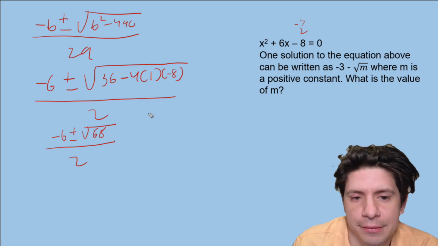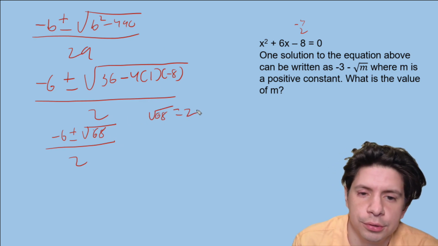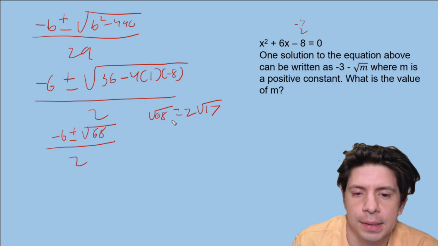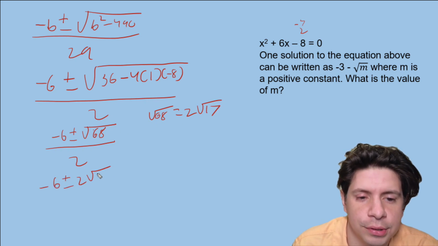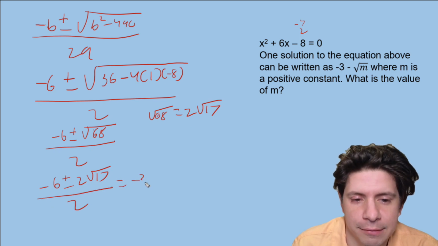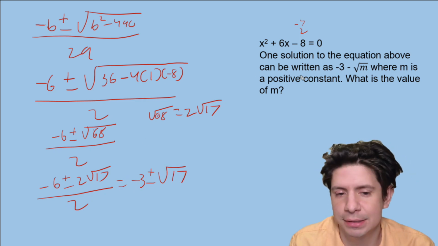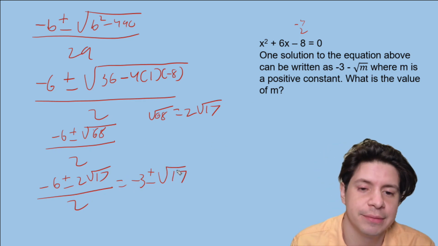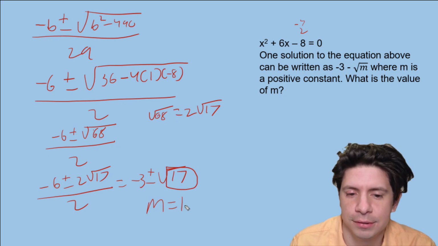Root 68 equals 2 root 17. So that's going to become negative 6 plus or minus 2 root 17 over 2. And that becomes negative 3 plus or minus root 17. And we want minus, right? But it doesn't matter really because they're both the same. So it's 17. M equals 17.